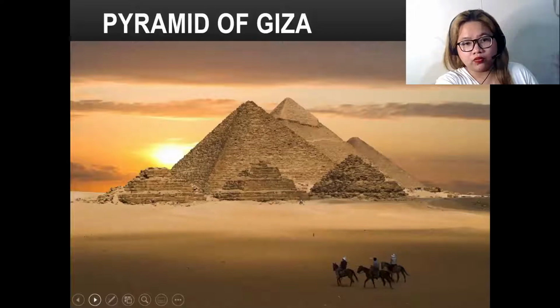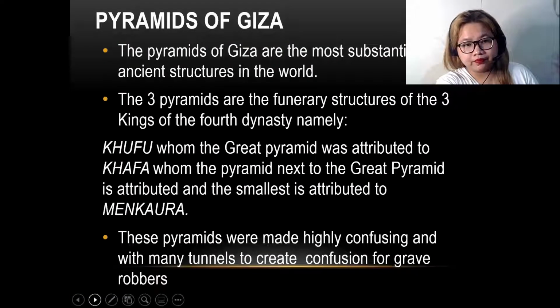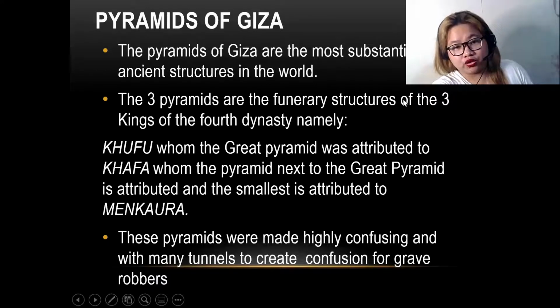So ito siya. So we have here the pyramids of Giza. The pyramids of Giza are the most substantial ancient structure in the world. The three pyramids are the funerary structures of the three kings of the 4th dynasty, namely Khufu, Kaffa, and Menkaura.